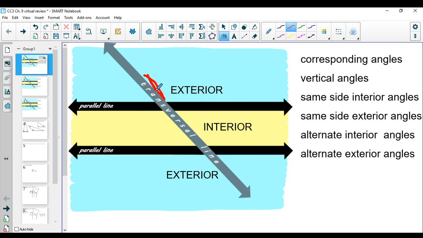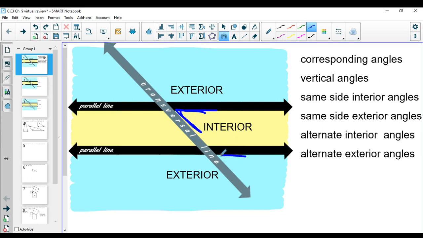Corresponding angles are either both on the top right, so they're both above the parallel lines and to the right side of our transversal, or they're both on the top left of our parallel lines, we could have bottom left of our parallel lines, or bottom right.